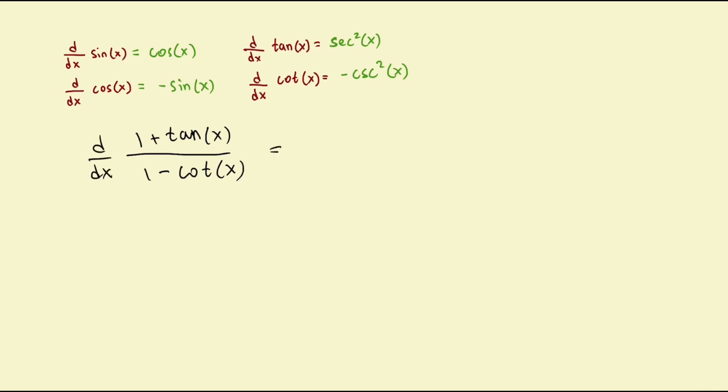We're going to derive this using the quotient rule, which means we'll find the derivative of the numerator first, which will be 0 plus derivative of tangent is secant squared x.